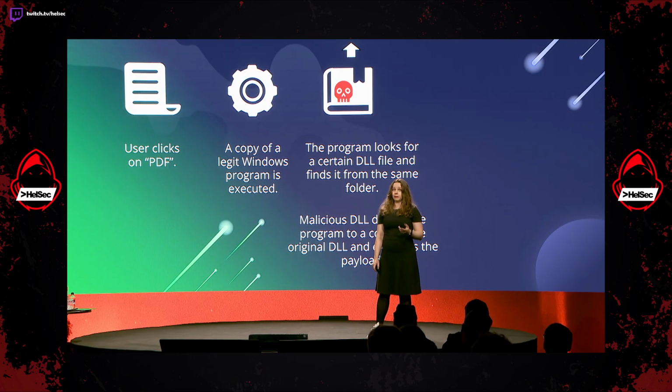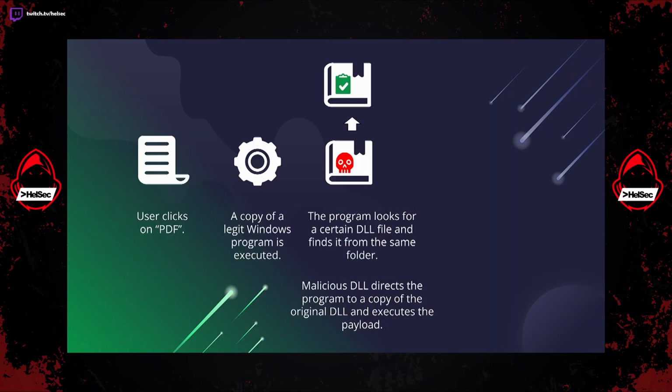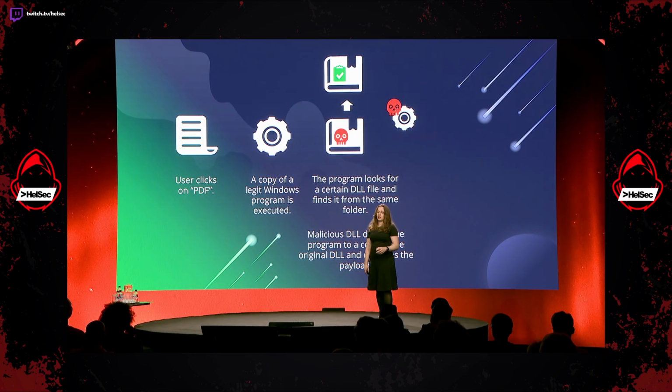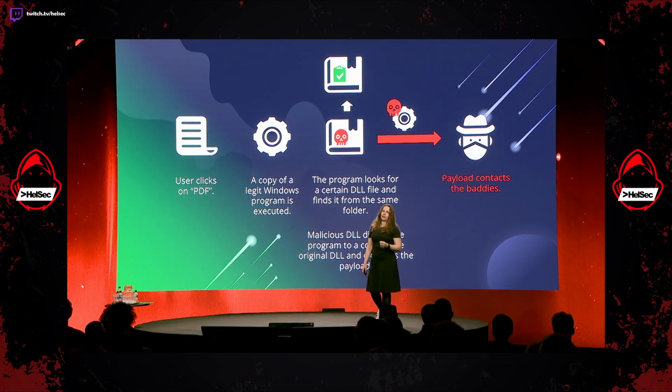And typically there's another copy of the real DLL file that the program is looking for inside the zip file. Now the program is running, it found the stuff it needed, and it's going to execute the malicious code. And the malicious code basically just loads up a payload and contacts the bad guys.